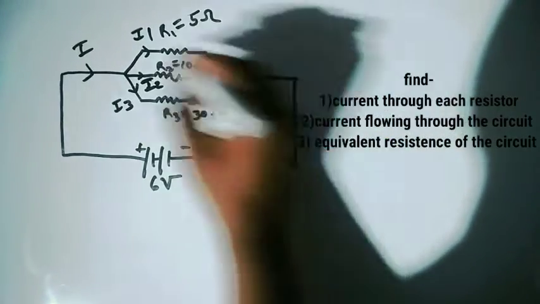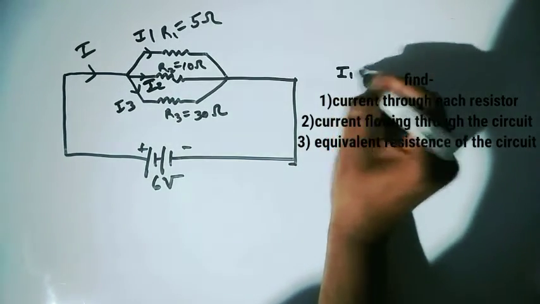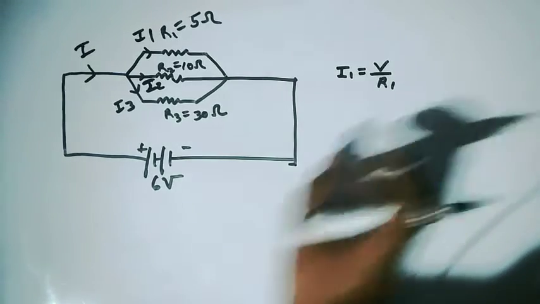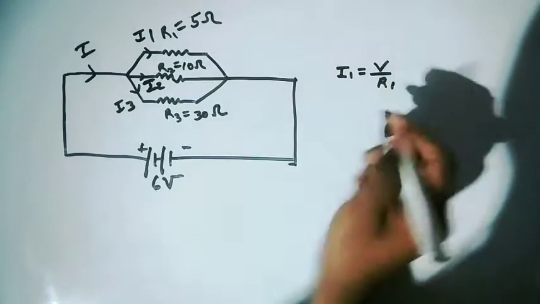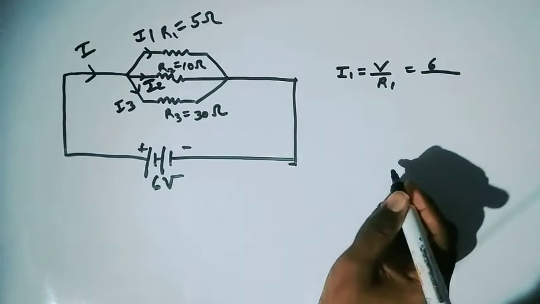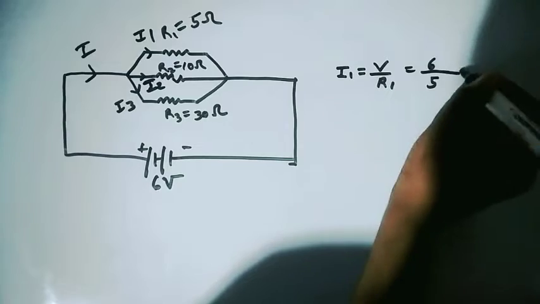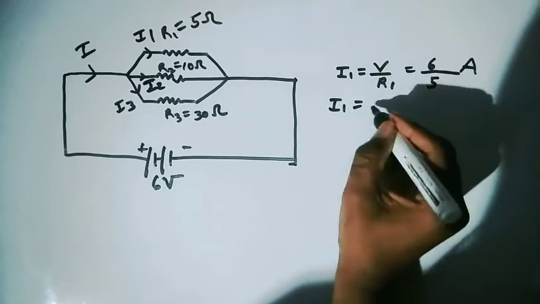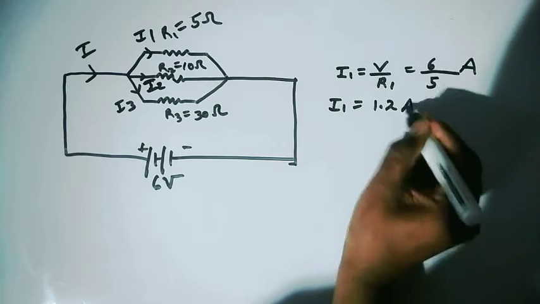So I1 will be V by R1 from Ohm's law. V is 6 volt, so this will be 6 divided by 5 ampere. So I1 will be 1.2 ampere.